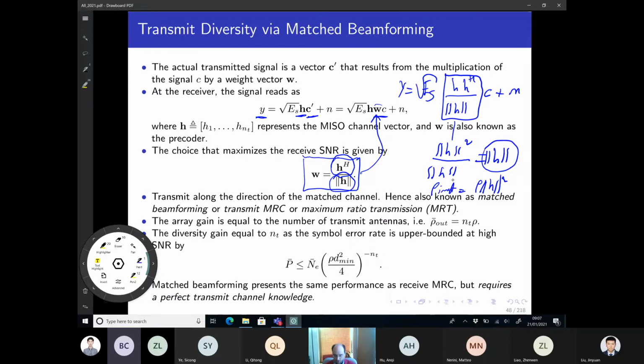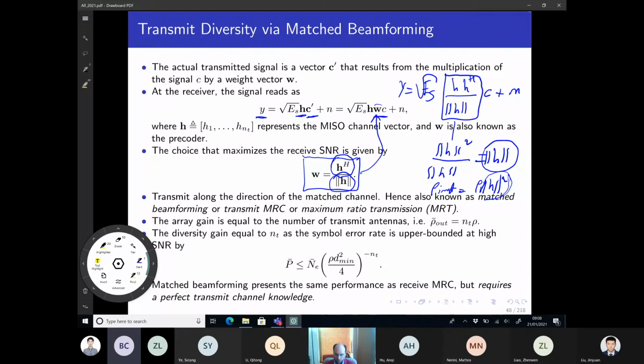If you take the expectation of this, it will be equal to your long-term SNR multiplied by the expectation of that term, which will be equal to Nt, the number of transmit antennas, since each element of that vector is assumed to have a variance equal to 1, as we have done before. So you see all the tools we have looked at for the MRC, you can apply to this case as well.